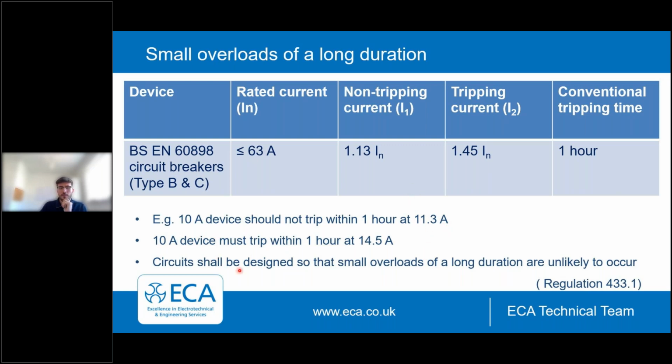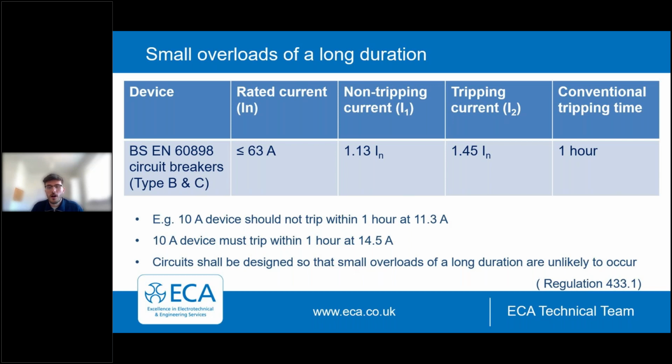Taking the same 10 amp device, that must trip within an hour with the presence of 1.45 times its rating, 14.5 amps. So this hopefully highlights how a circuit breaker works in terms of its operation and what is required by the product standard for the design and makeup of a circuit breaker.